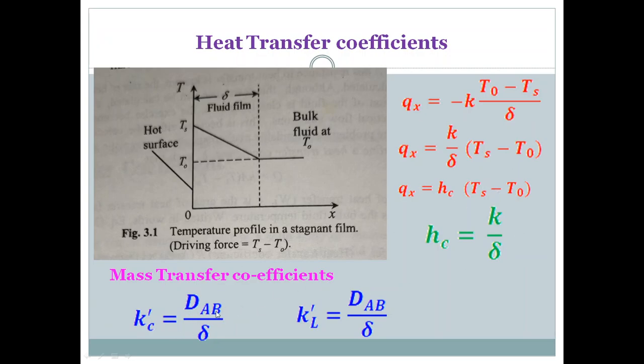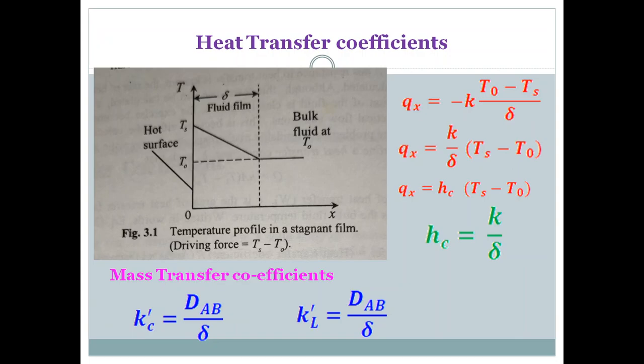D AB will be known to you. Generally, for a particular system AB, it is known. If you did the experiment and it is reported in the literature, you will get this value. But for a particular system, what will be the delta? It will keep changing, because if you increase the velocity, delta will decrease.